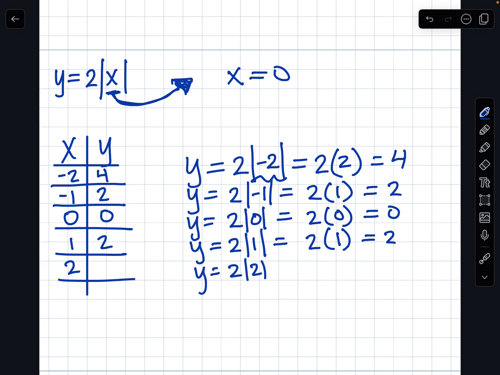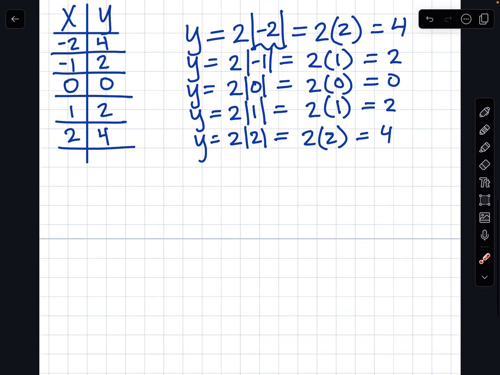Yes. Right? What's the absolute value of 2? 2, and 2 times 2 is 4. Okay? This is what we want to happen every time. We have a number in the middle, and then notice we get the same y values on each end. Okay? Because that's going to give us the correct type of graph.